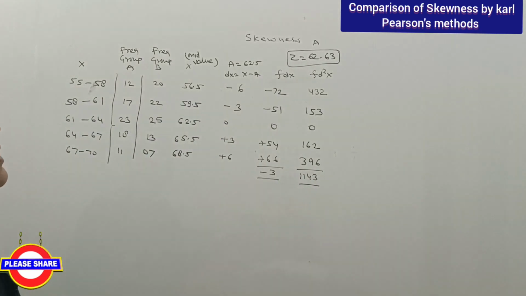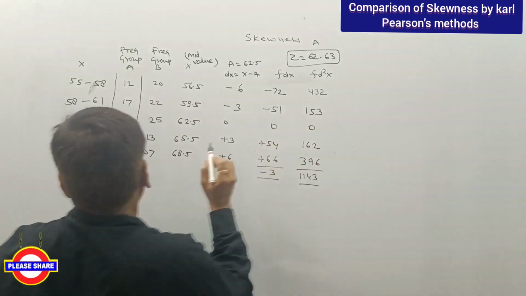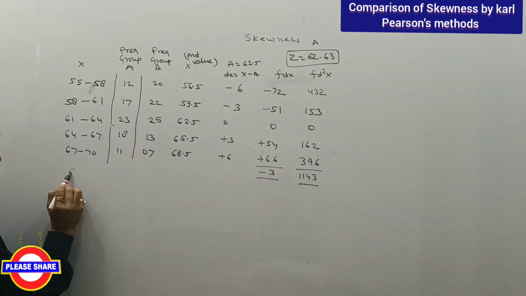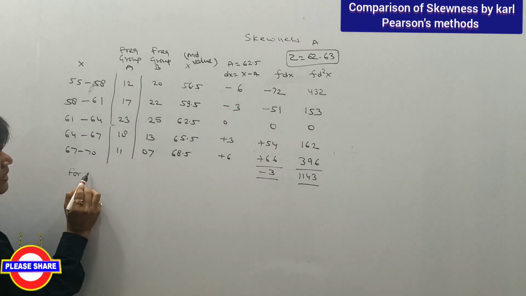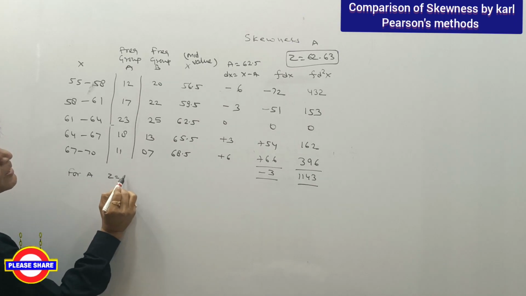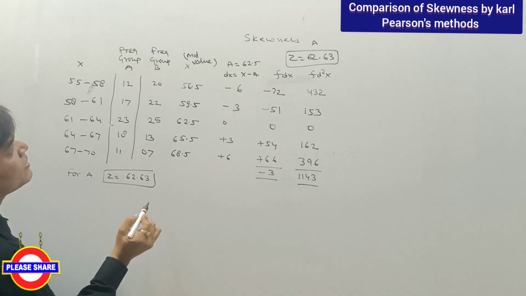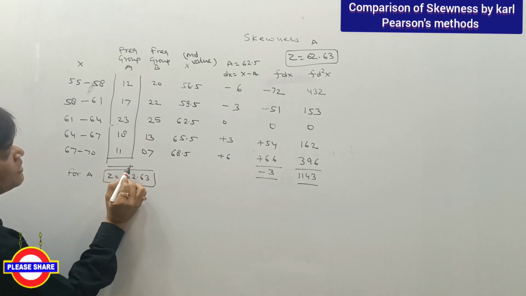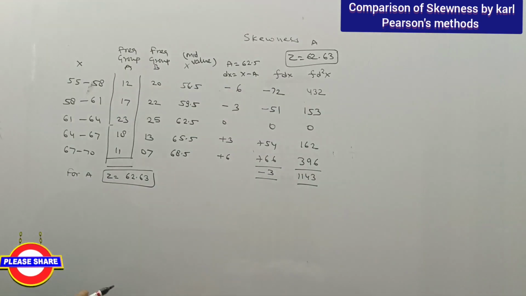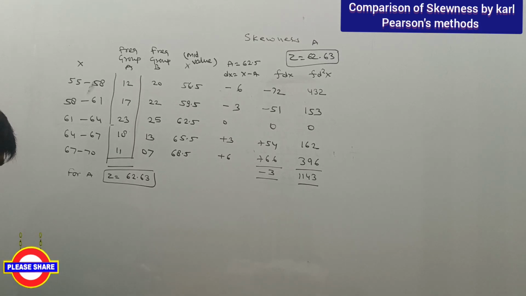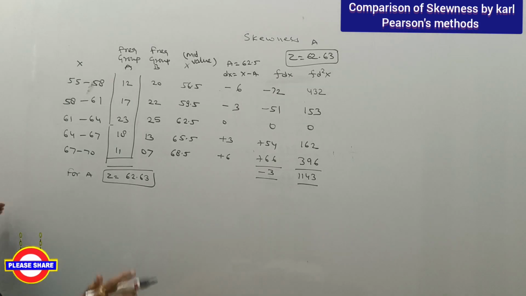For group A we have calculated the mode as 62.63. The sum of frequencies, 12 plus 17 plus 23 plus 18 plus 11, is 81.